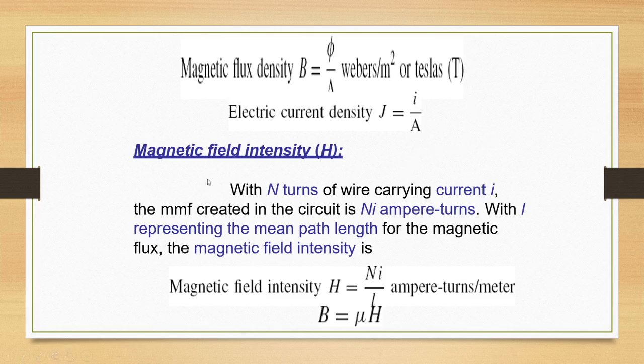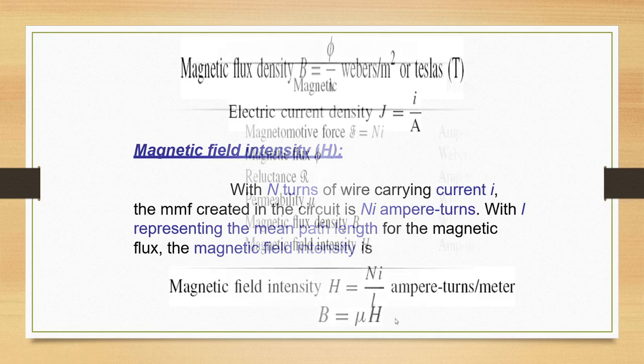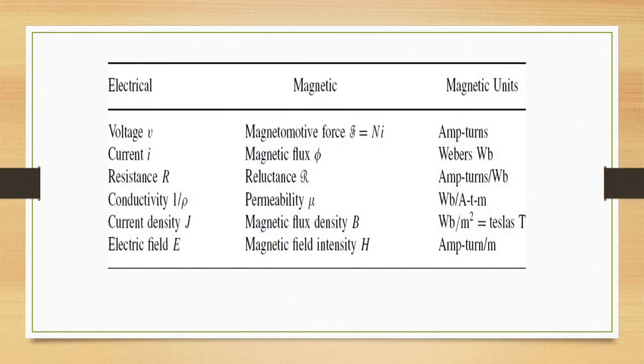So magnetic field intensity H with N turns of wire carrying current I, MMF created in the circuit is Ni ampere turns, with l representing the mean path length for the magnetic flux. Magnetic field intensity H is equal to Ni by l, ampere turn per meter, and B is equal to mu H. So this is the table showing the electrical and magnetic terms and magnetic units.